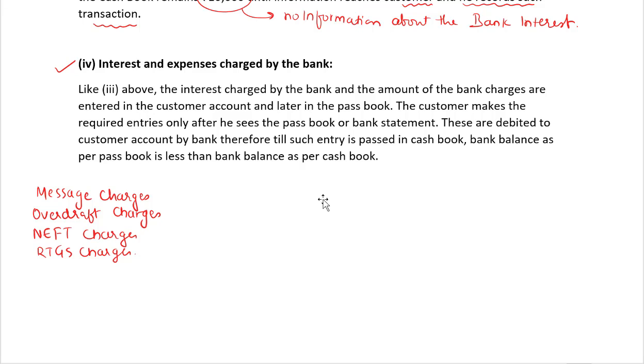So many a times the bank will charge you for this. The banker will not inform you personally. So generally we do not have any information regarding the bank charges that the banker has deducted from our bank account. So in the cash book we don't change the balance, but in the passbook the banker will definitely deduct it and change the balance as per passbook.